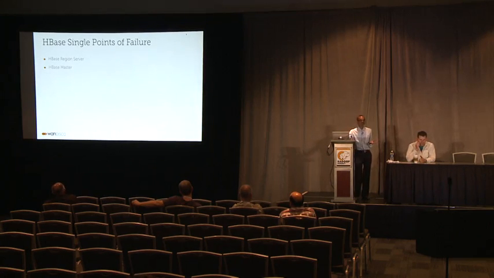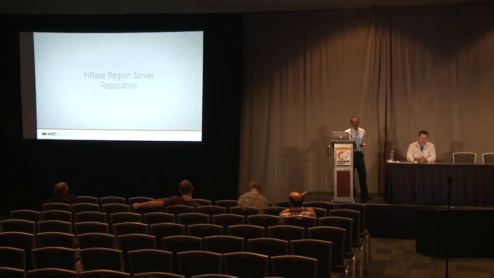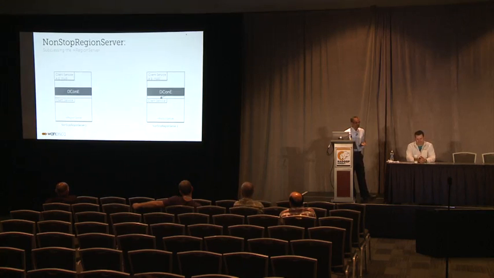The 2 known single points of failure in HBase are the region server and the master. I'm going to talk about how we deal with region server replication using Paxos. We pick up the client RPC with a multi or a put request, and we push that through the distributed coordination engine. If you use the coordination engine built on top of Zookeeper that's described in Hadoop 10641, you can get the same effect with open source software.